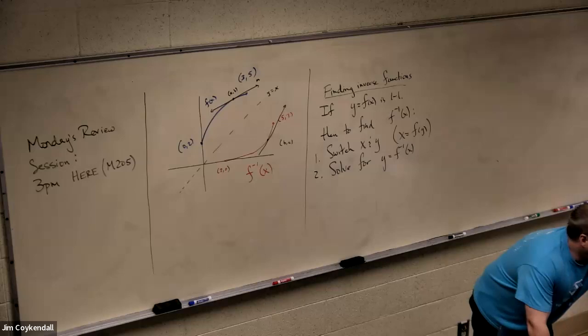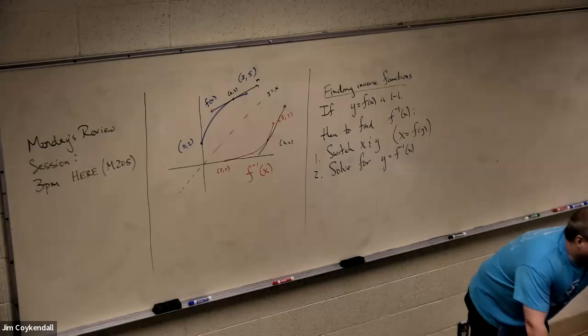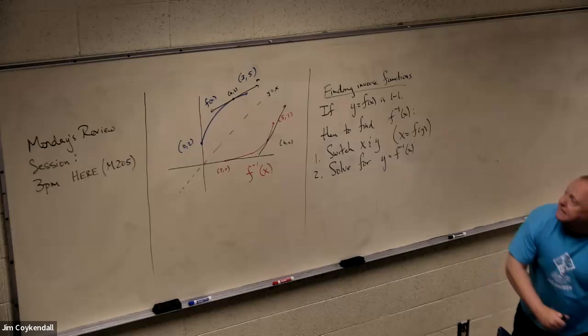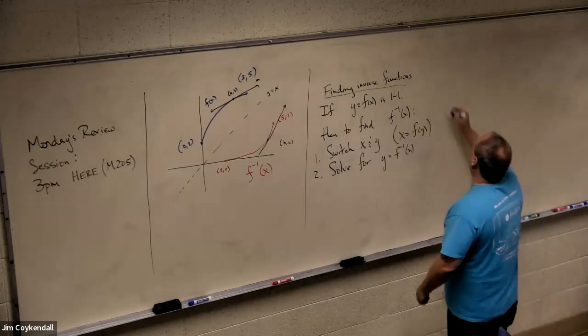What's a line that fails the horizontal line test? A horizontal line itself, right? But as long as your slope is not 0, you're good to go. Do I agree with that? So let's just take something like this.